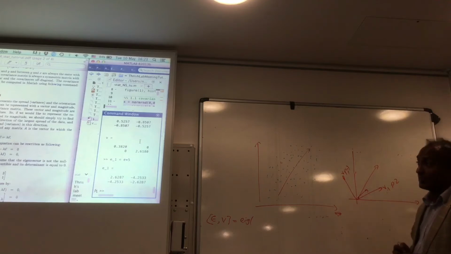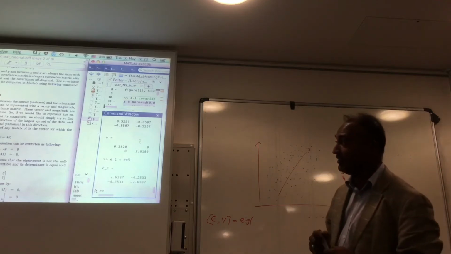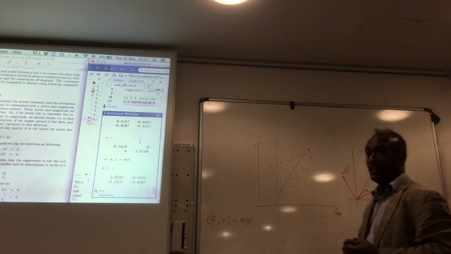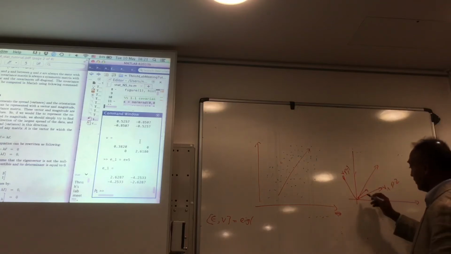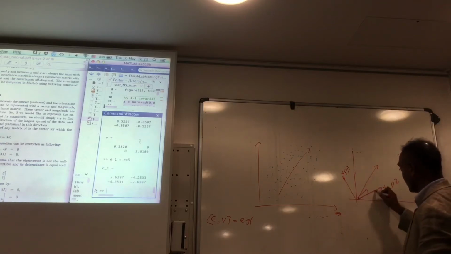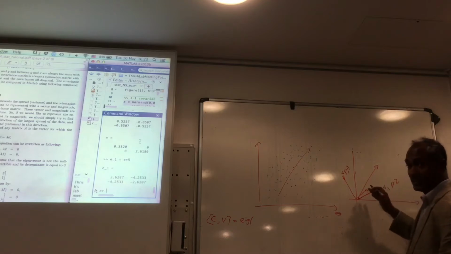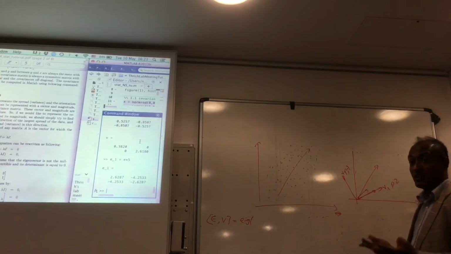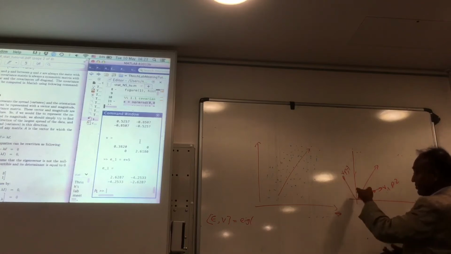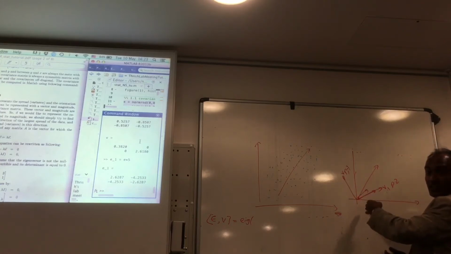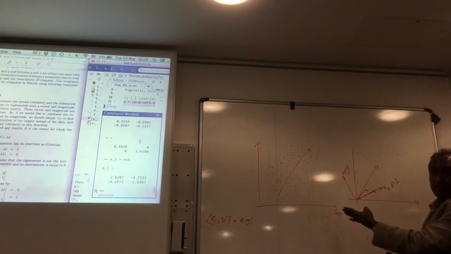Now coming back to that equation, why AV equals lambda V: if there's a vector right along your eigenvector, it won't be rotated, because the other eigenvector is perpendicular to that vector, and its rotation power is 0. It cannot rotate because the torque is 0.